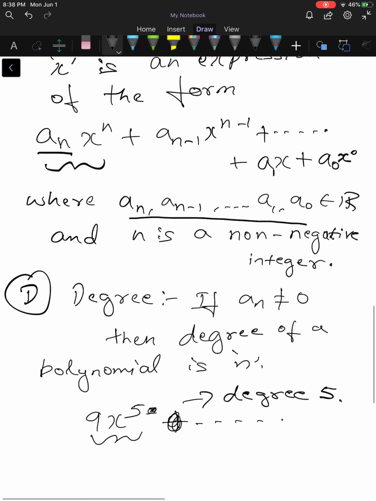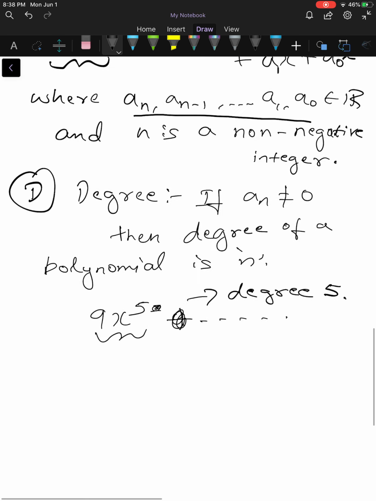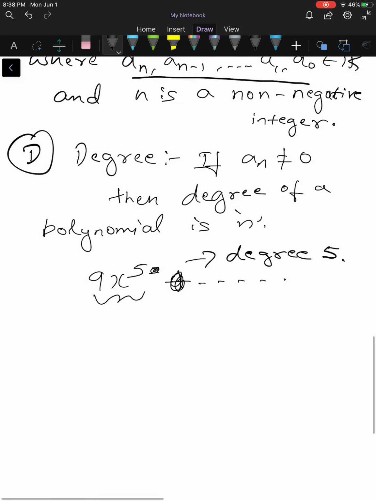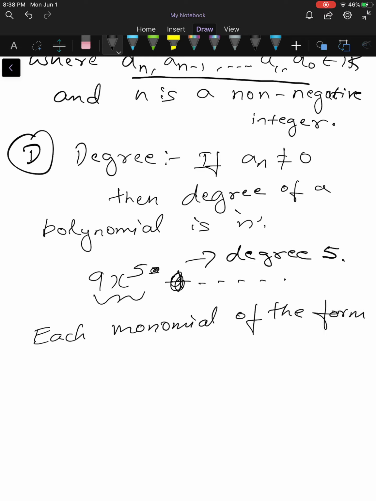And inside the polynomial, each monomial of the form a_k x^k is called a term.